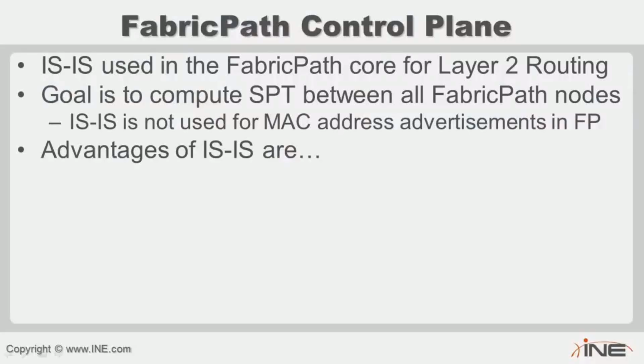Now, from a design point of view, the reason that we would want to use IS-IS to do this is that we're trying to do layer 2 switching, so we don't want to have to rely on having a layer 3 transport. For any of you that are familiar with IS-IS from a layer 3 routing point of view, you know that it has its own layer 3 transport. It is its own layer 3 protocol. It's part of the Connectionless Network Protocol, or CLNP or CLNS stack.